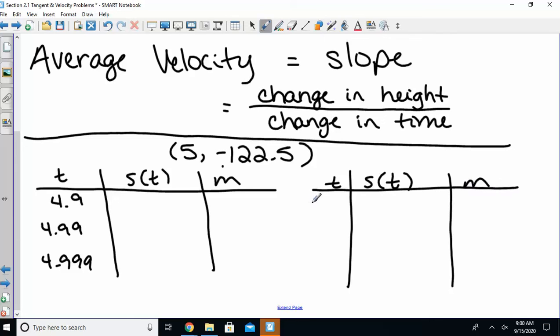From the other way, things bigger, maybe 5.1, 5.01, 5.001.